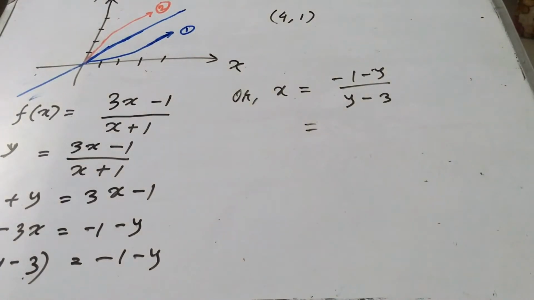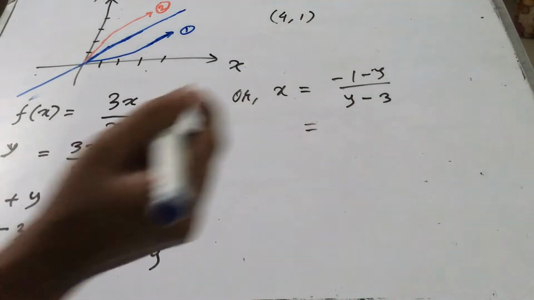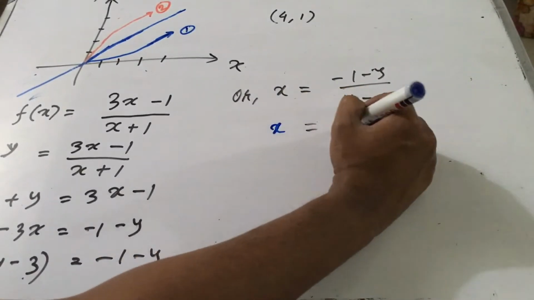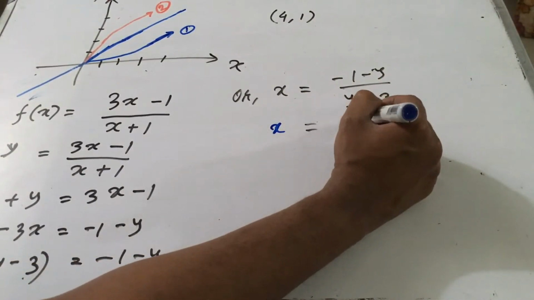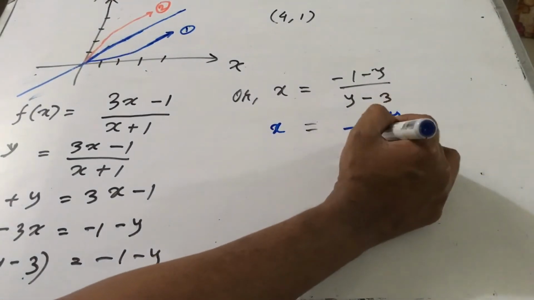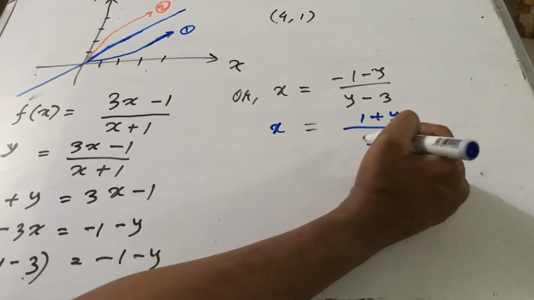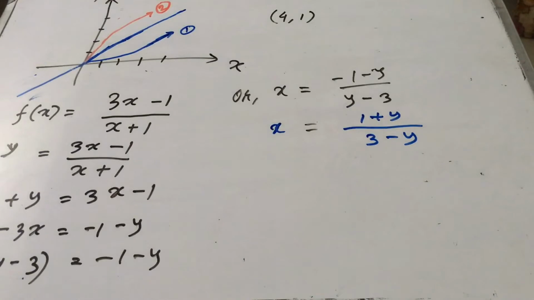This is a simple calculation. I'm just close to the answer, so I will use another color. If I multiply both up and down by a minus sign, it will become 1 plus y, and 3 minus y. This is not necessary, but just to make it look good. Now we are very close to the answer.